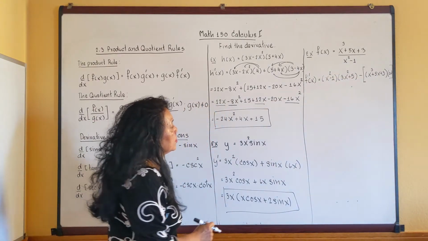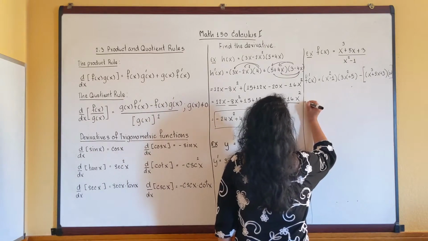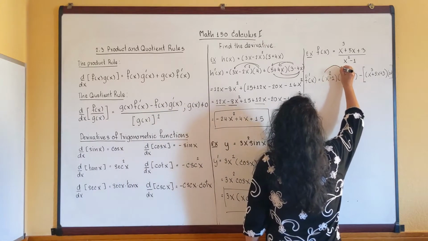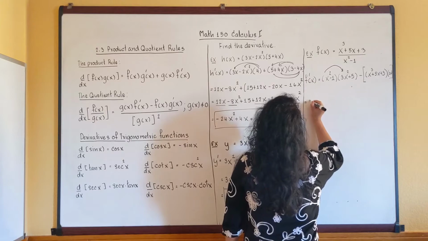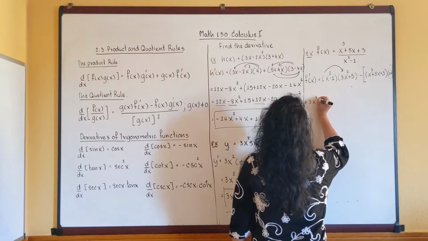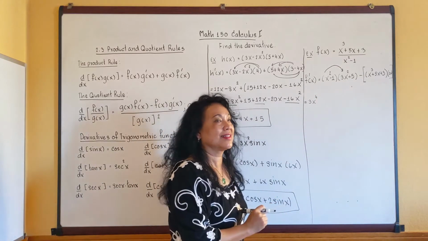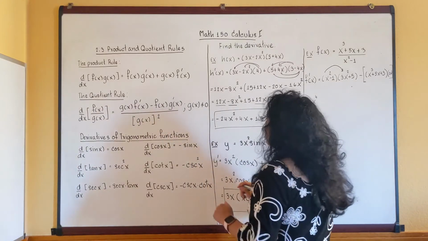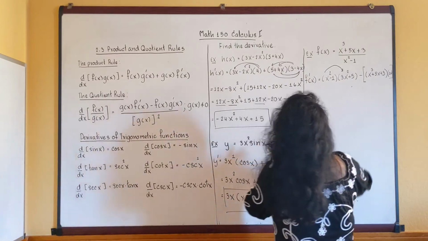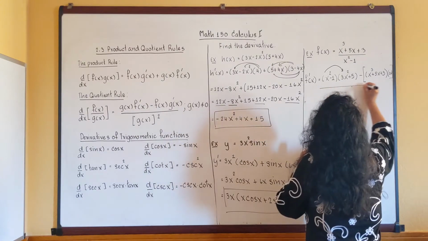Now I'm going to have to distribute everything. So x squared times this, I will have 3x to the 4th. Oh, I forgot the denominator. So denominator squared.